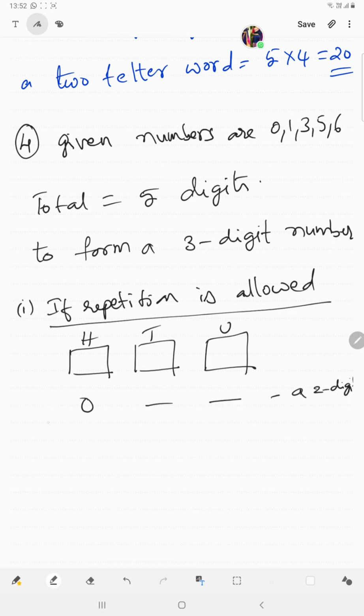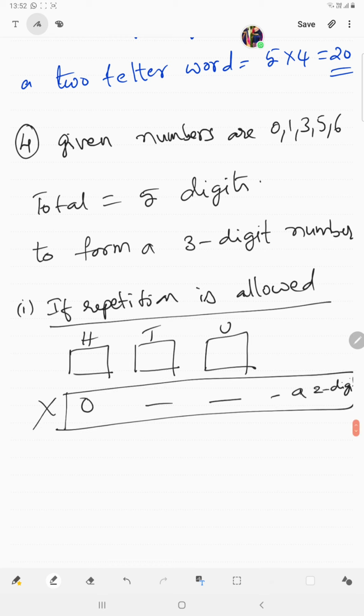Means it is not our case. Therefore, for the hundreds place we have only 4 options. Repetition is allowed. Therefore, now what about tens place and units place? You have 5 digits, you can use 0 also. Therefore, 5 for tens place and 5 for units place.